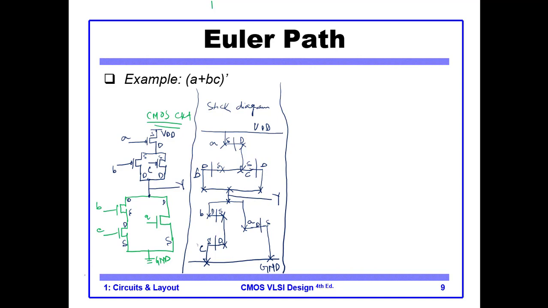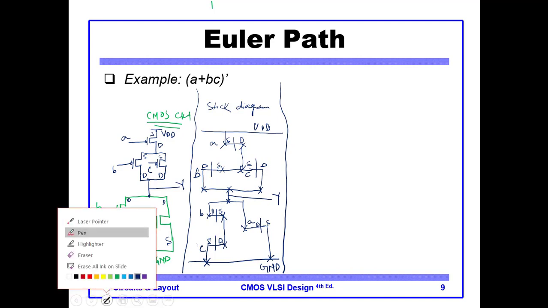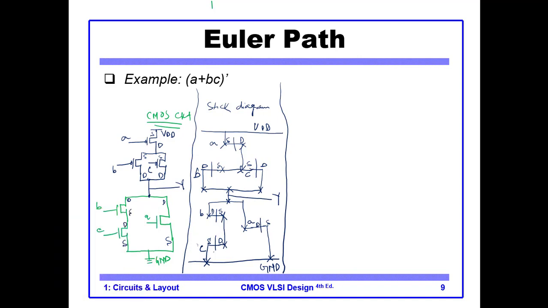Where is our input? Our inputs are all these lines, all the polysilicon lines. So for example, C is connected to this, B is connected to this, A is connected to this poly.